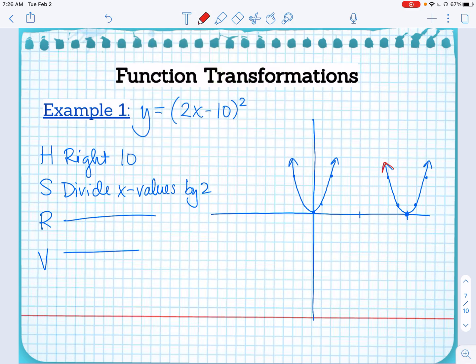And I should have made that a different color. I'll pretend I made it red. And so when I divide 10 by 2, I get 5. When I divide 9 by 2, I get 4.5. And then when I divide 8 by 2, I get 4. So I get this really tall, skinny parabola.